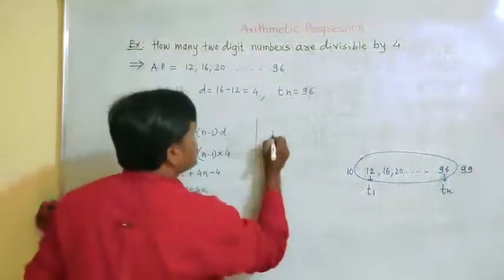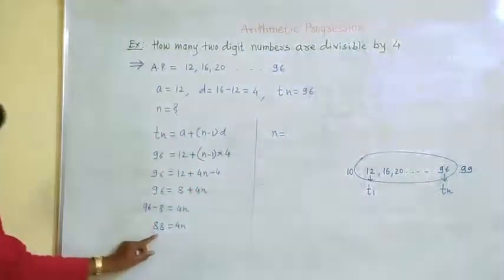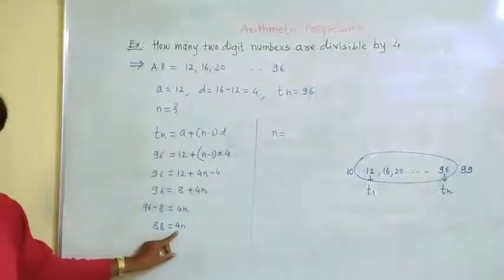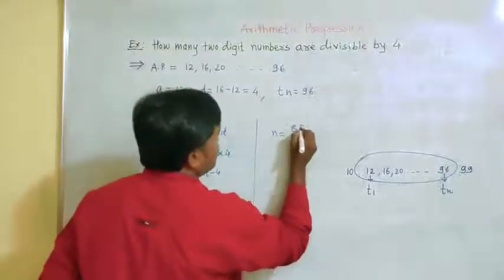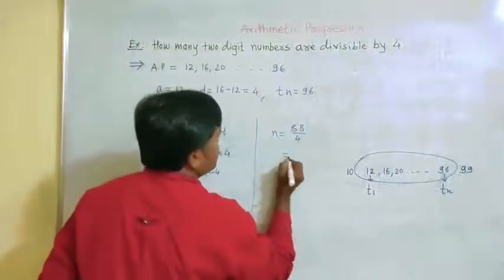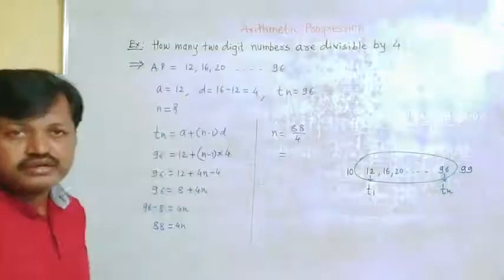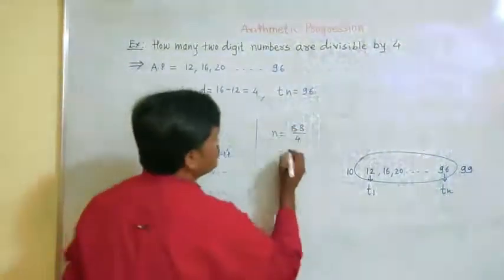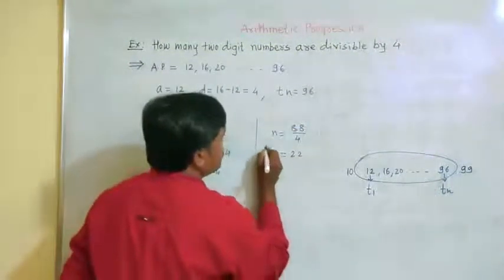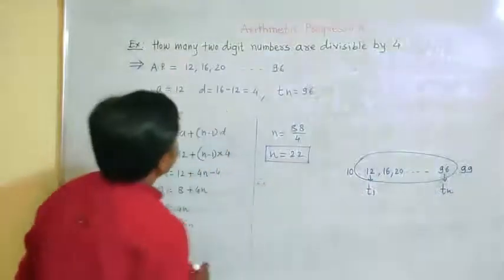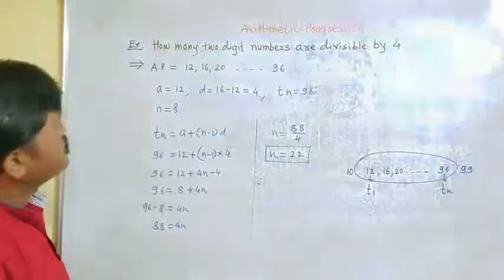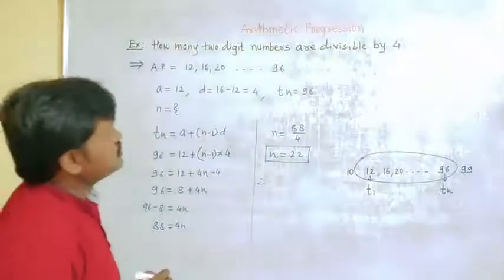Then n is equal to 88 upon 4, since the multiplied 4 goes to the other side and divides. That is 22. So n is equal to 22. Therefore, there are 22 two-digit numbers which are divisible by 4.